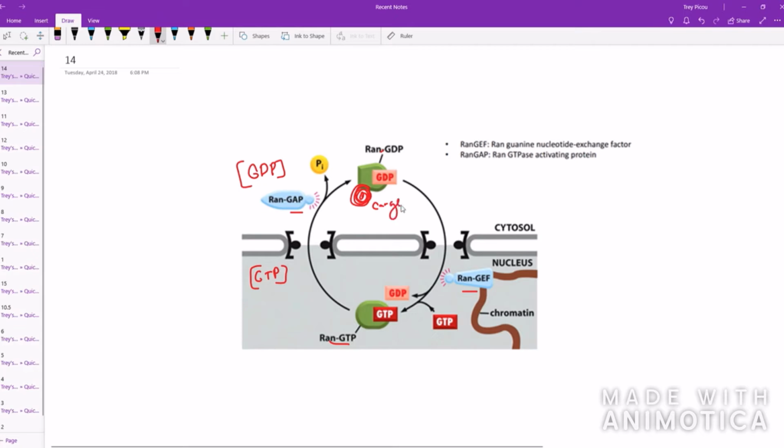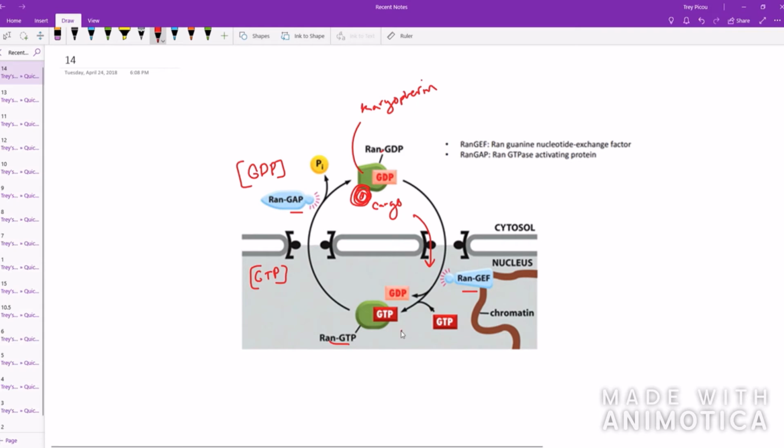So, RAN, when it's bound to GDP, is capable of binding to the karyopherins, therefore giving us a complex of RAN-GDP plus a karyopherin plus cargo, and that complex is able to go through the nuclear pore. So, once we're in the nucleus itself, RAN-GEF, the exchange factor, comes in and adds a phosphate to the GDP. This addition causes a change in structure in the karyopherin such that the cargo dissociates from it.